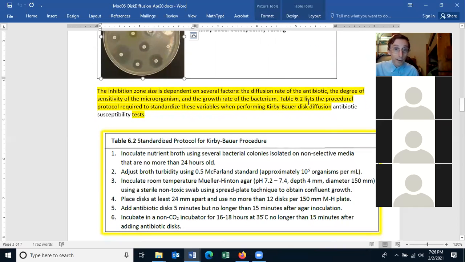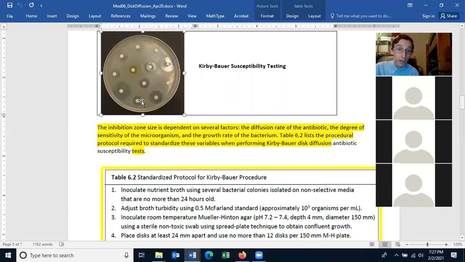The zone of inhibition size for an antibiotic is dependent on several factors. It is dependent on the bacteria's sensitivity to the antibiotic, but it's also dependent on the growth rate of the bacterium. It's also dependent on the diffusion of the antibiotic through the agar.